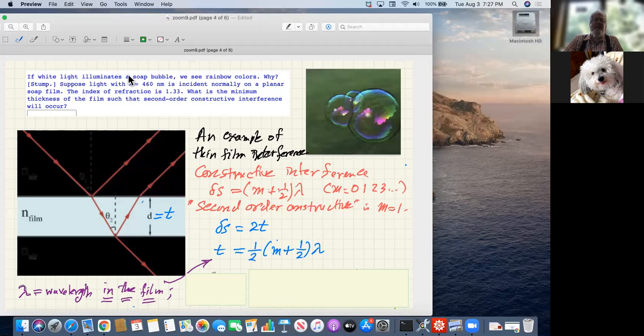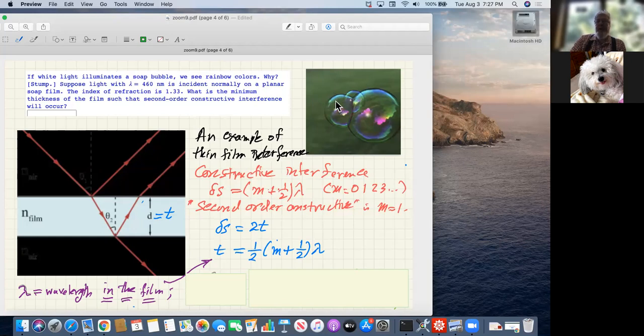If white light illuminates a soap bubble, we see rainbow colors. So here's a photograph of white light reflecting from soap bubbles. And you see the colors of the rainbow. The reason is because white light is a mixture of all the colors. So white light is a superposition of all different wavelengths.